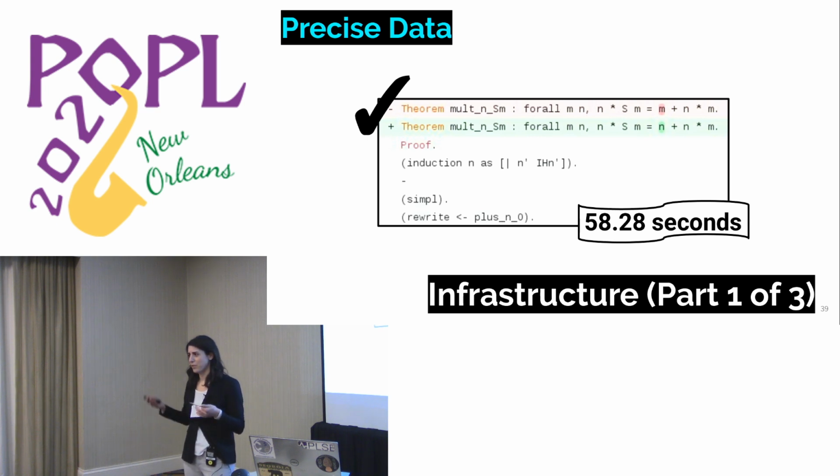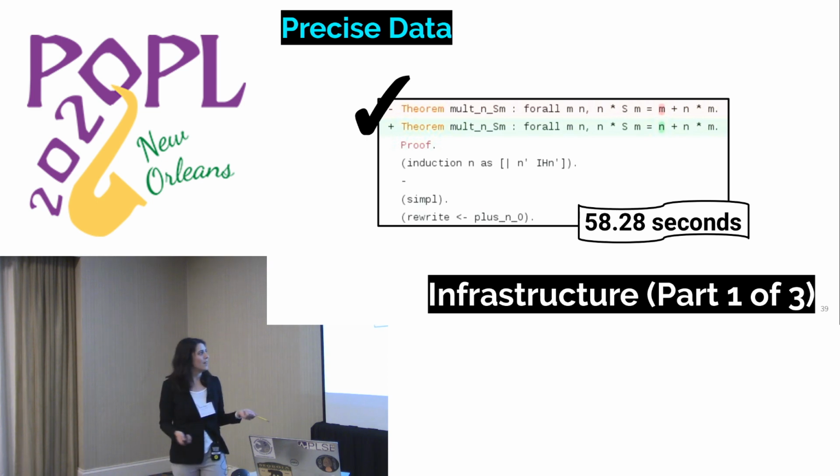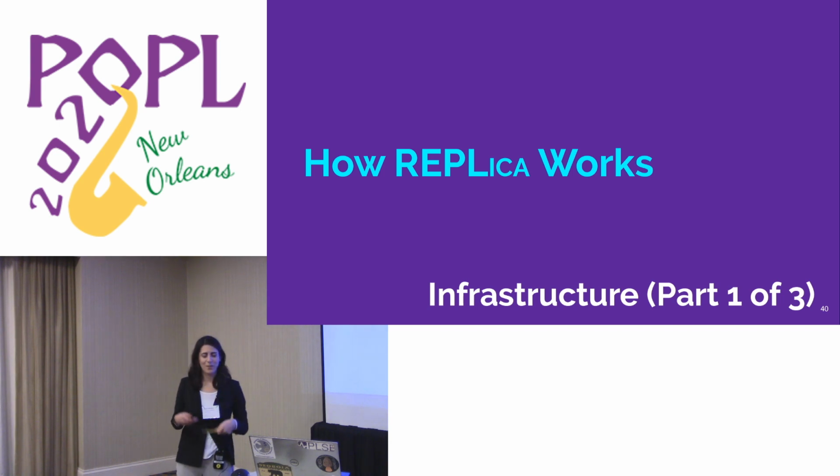For this example that I showed you at the beginning, we can not only see the user going back and changing the theorem, we can also see that this type checked, and that the whole thing took the user 58.28 seconds. That's the benefits of using this infrastructure.